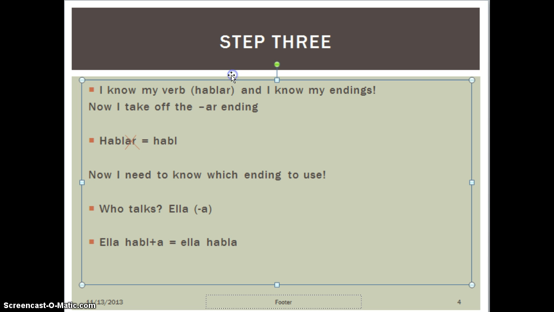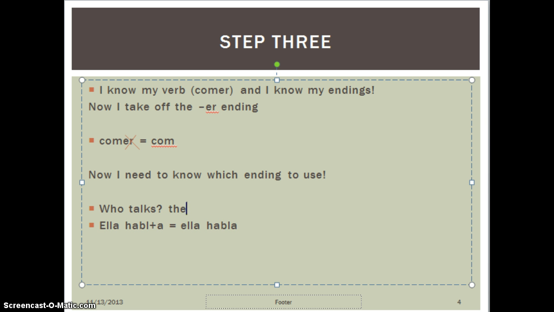Step three. So now our verb is comer. We're going to take off the ER, and it leaves us with com. Let's say we're going to do they eat.